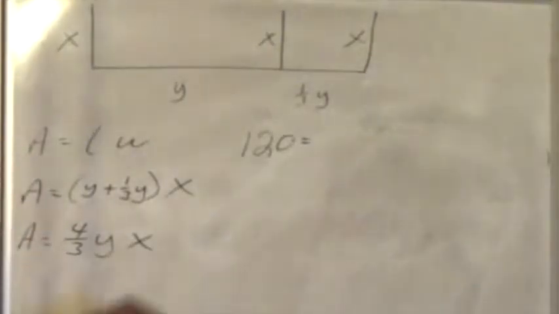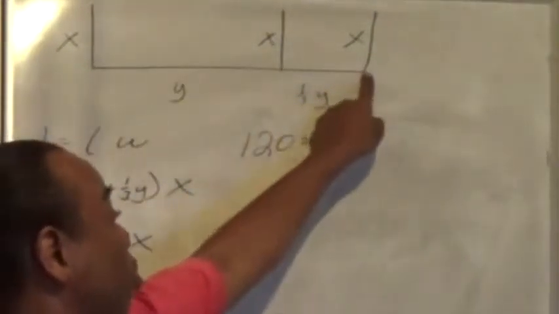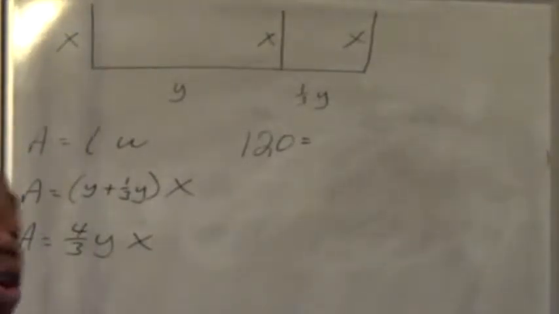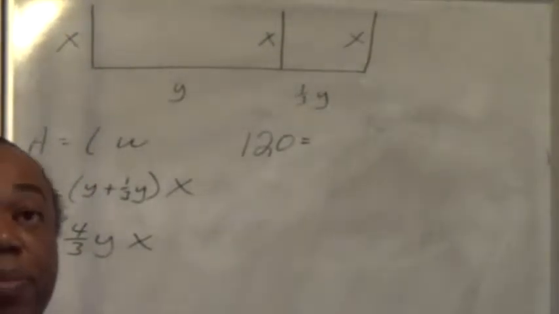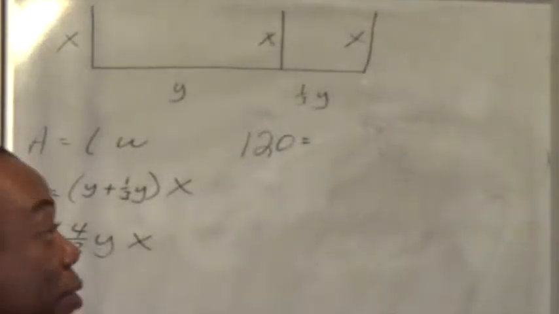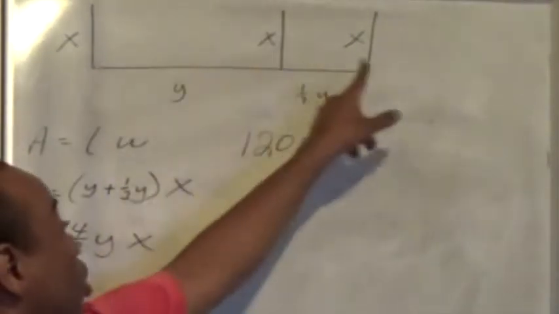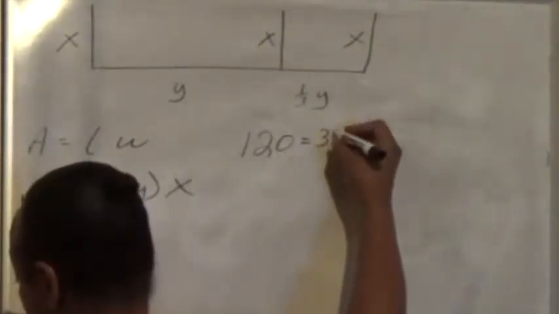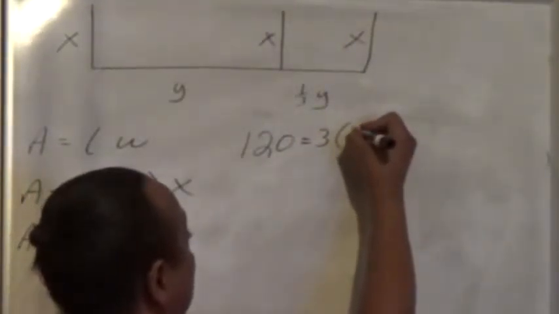Okay, for the fencing along here to here, we're going to pay $3 per foot. So how many feet do we have? I need to add from here to here, and then multiply that times $3 per foot.